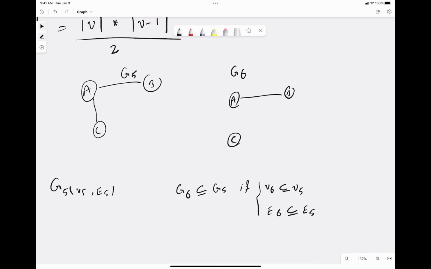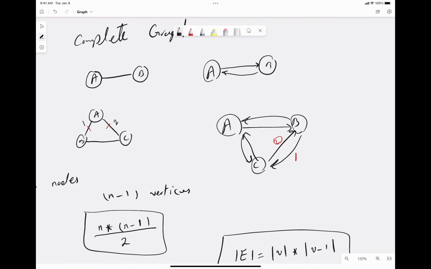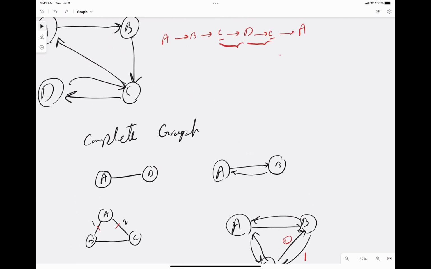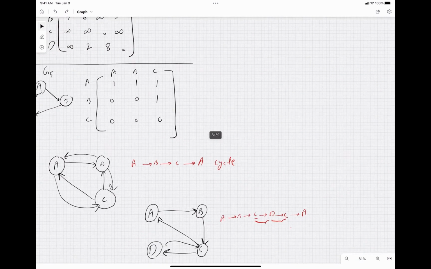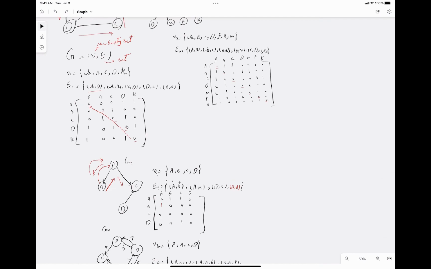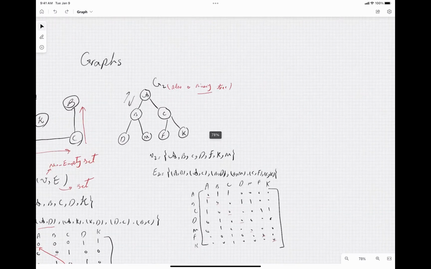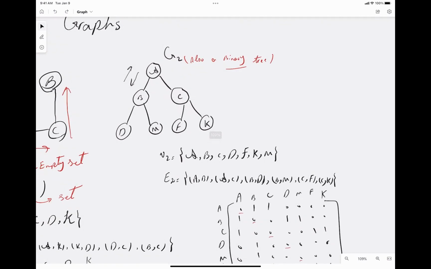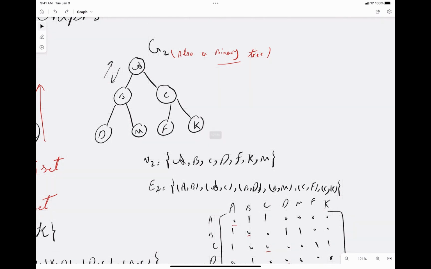One other thing that I wrote as an example at the very beginning, but we have not talked about, is this graph G2 that we drew here. I said it is also a binary tree, so any graph which does not have a circuit is called a tree. So graph G2 has no circuit.